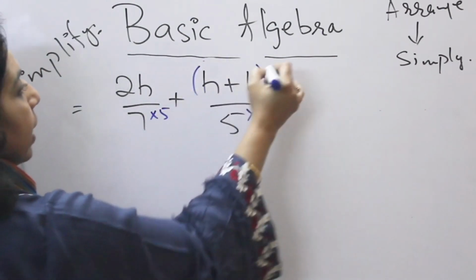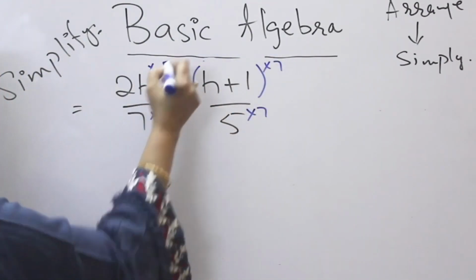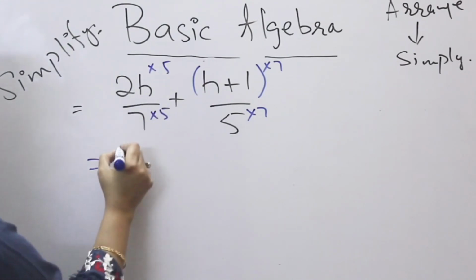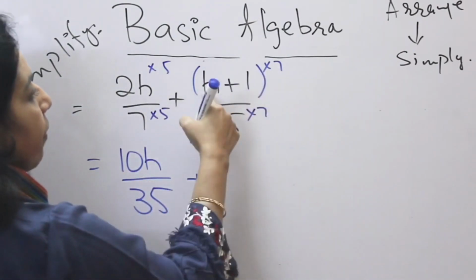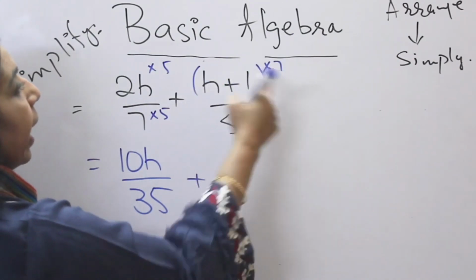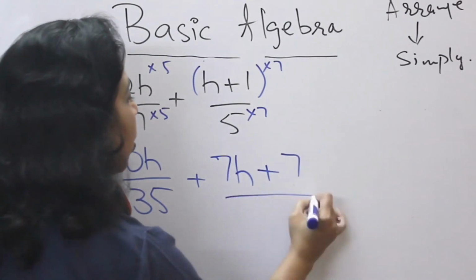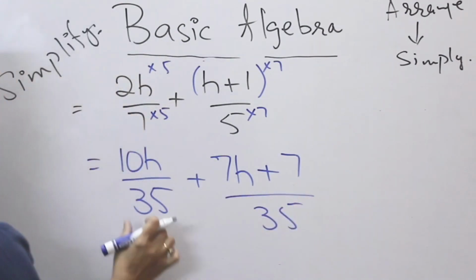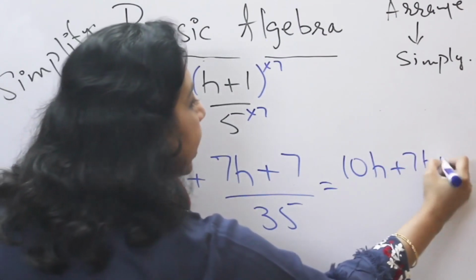I shall multiply this whole with 7. This is 5 2 times 10h over 35, plus 7 will be multiplied with h and 1 separately. I shall have 7h plus 7 over 35. Denominator is same. We shall add numerators. They are already arranged.